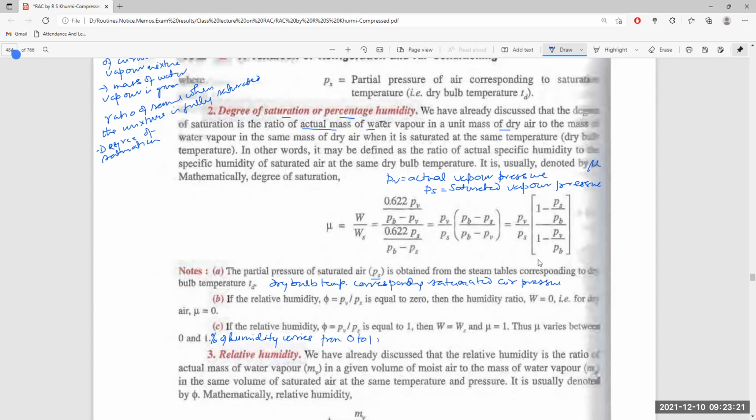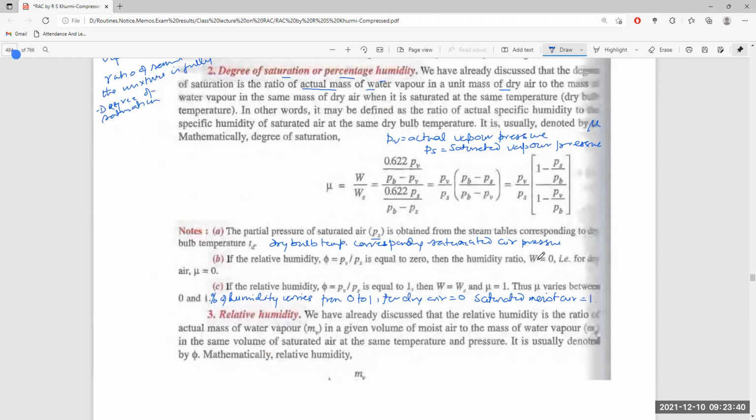For dry air it is equal to 0, and for saturated moist air it is equal to 1. Next comes the relative humidity.